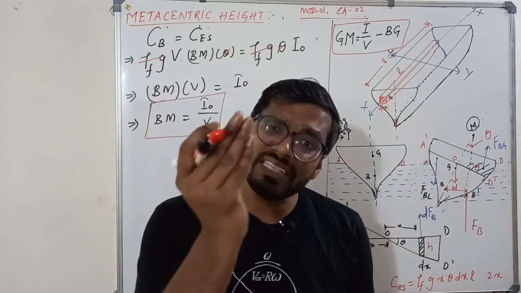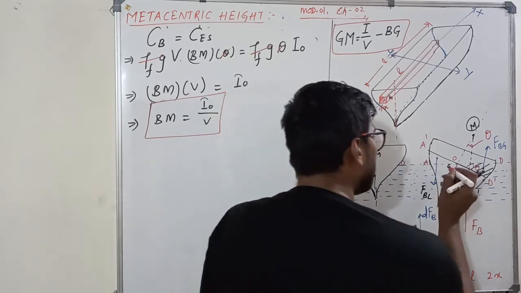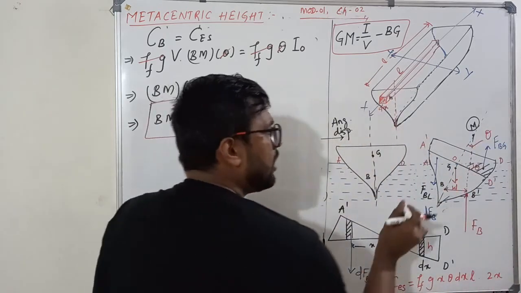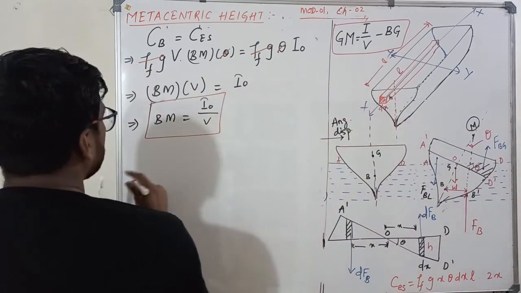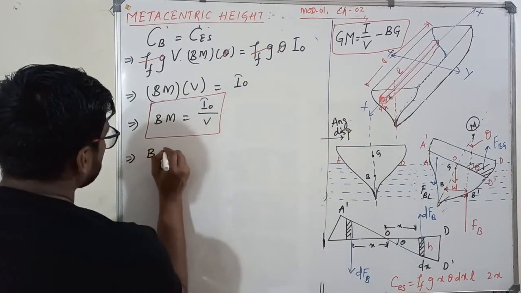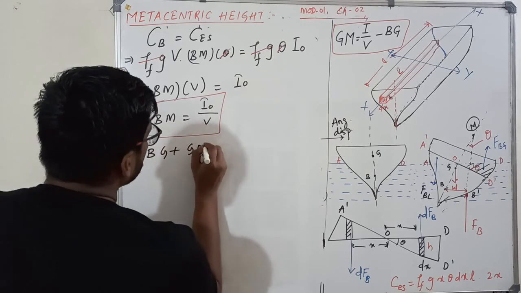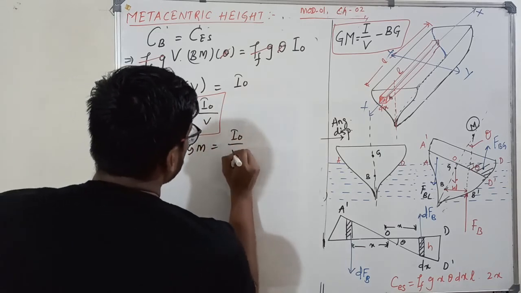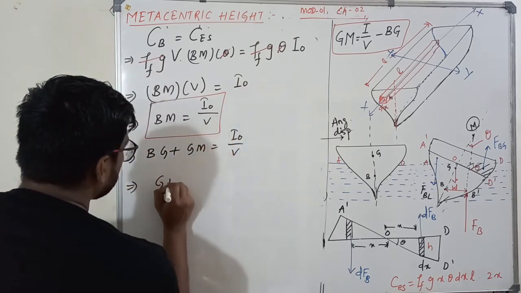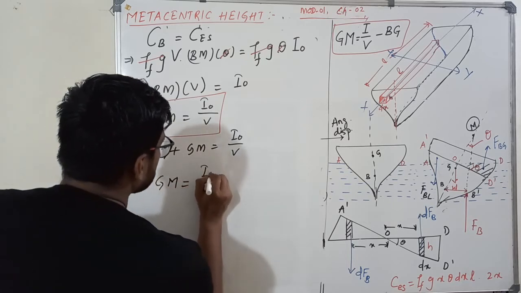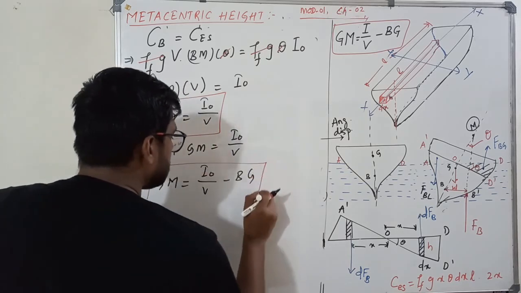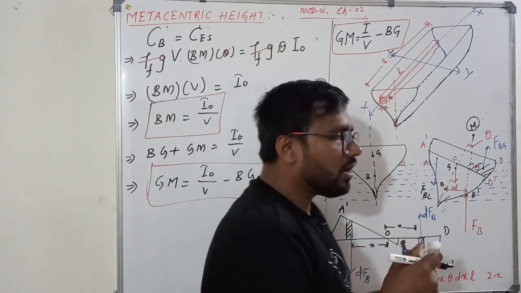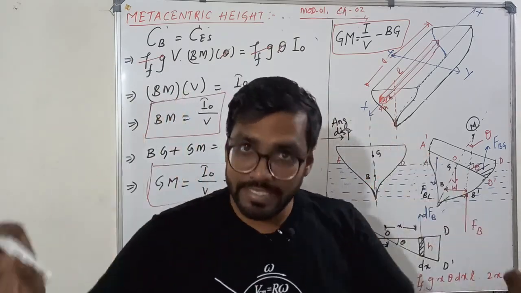What I need is the metacentric height. GM is the metacentric height. BM is equal to BG plus GM, which is equal to I₀ by V. This implies metacentric height GM is equal to I₀ by V minus BG. This is the expression for metacentric height.